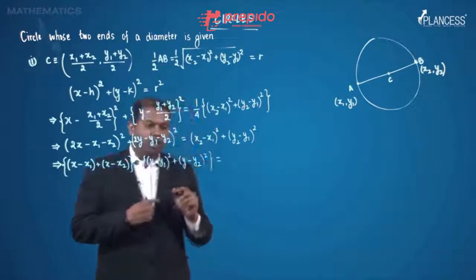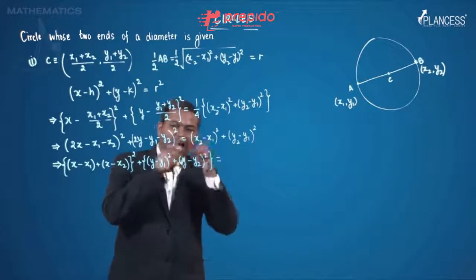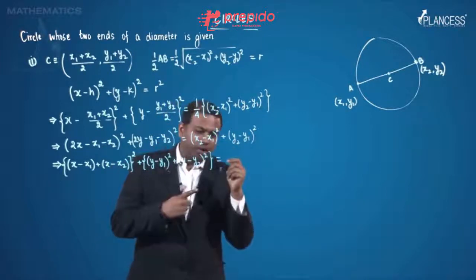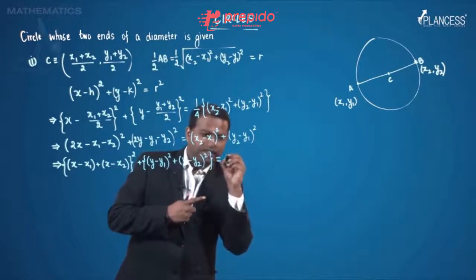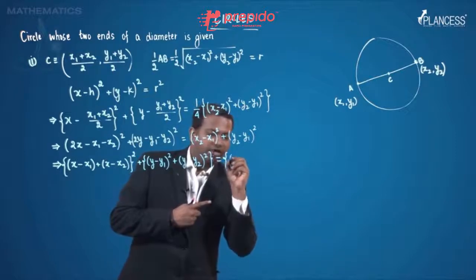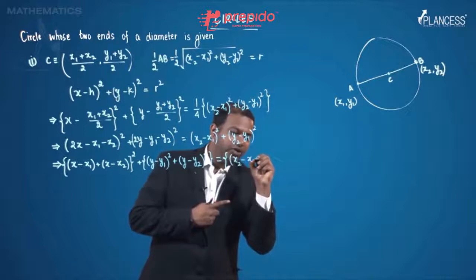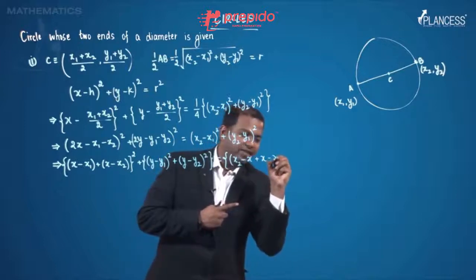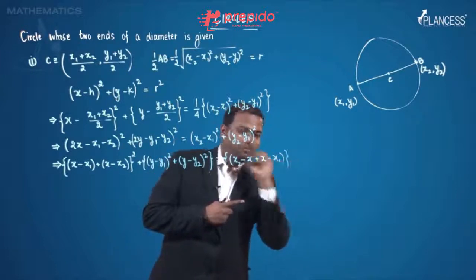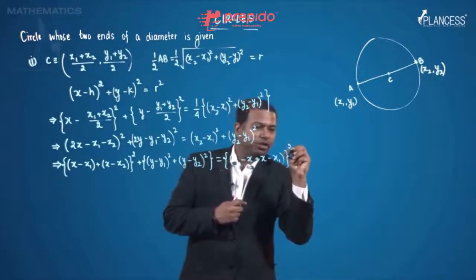Now what do we do here? We will add 1x and we will subtract 1x. So let us see how. If we write this as x2 minus x and then plus x minus x1, and then we put a square.